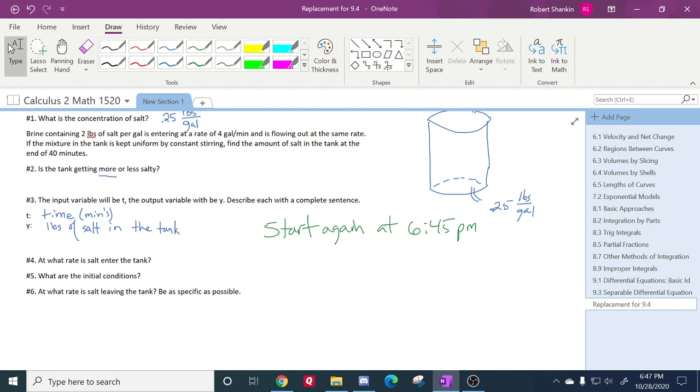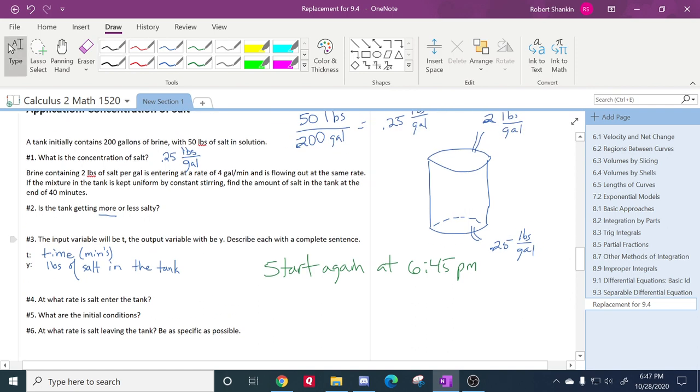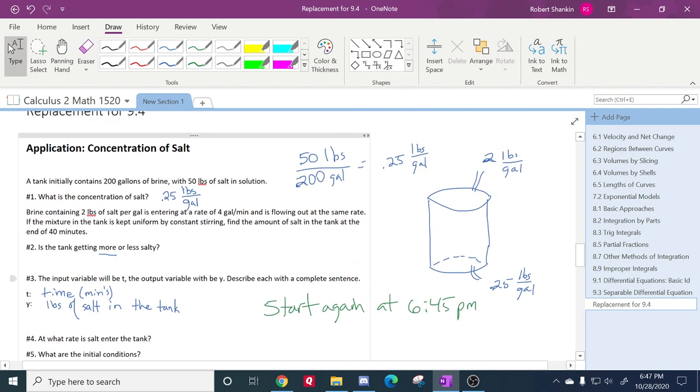At what rate is salt entering the tank? I said 8 pounds per minute. How'd you get that? So it says that the water enters at 4 gallons a minute and that there's 2 pounds of salt per gallon. So just 4 times 2.